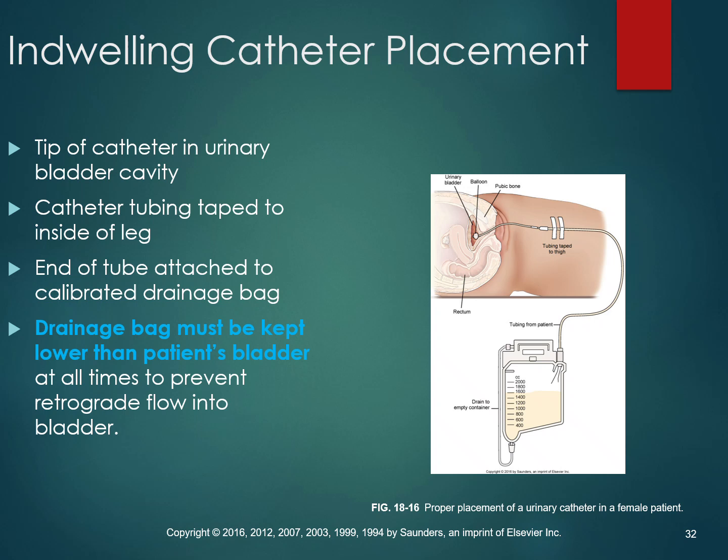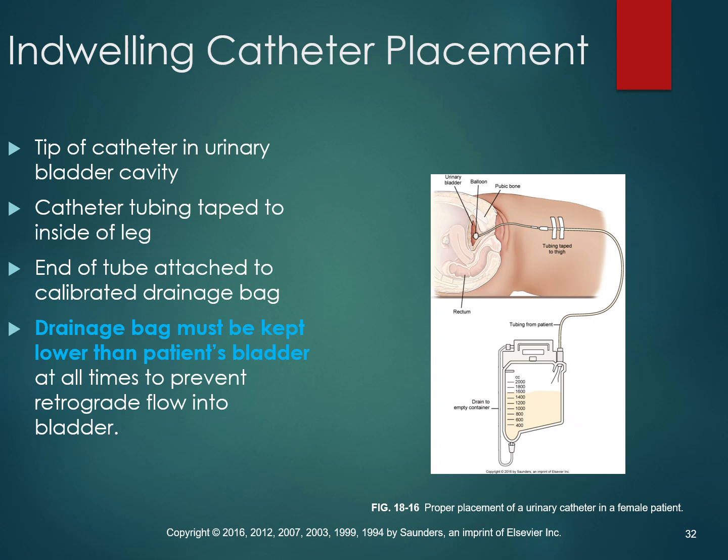Once that catheter is placed into the bladder, that little balloon is blown up if you have a Foley catheter, and then the tubing is taped to the patient's thigh, and the end of the tube is attached to a calibrated drainage bag. As I mentioned, there's measurements on the bag, and those measurements are going to be important in determining how much urine output the patient is having.